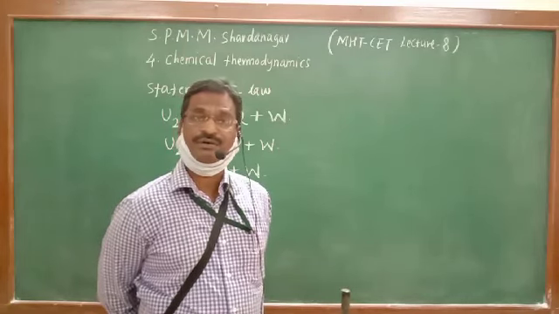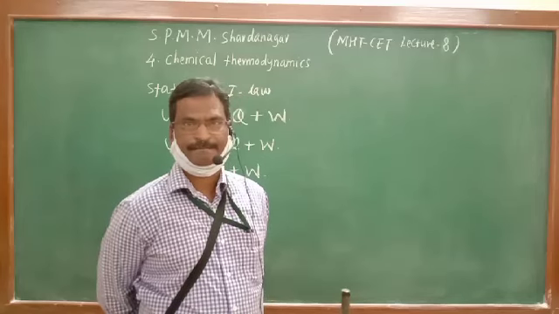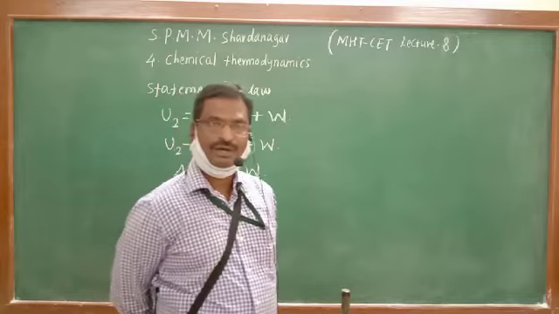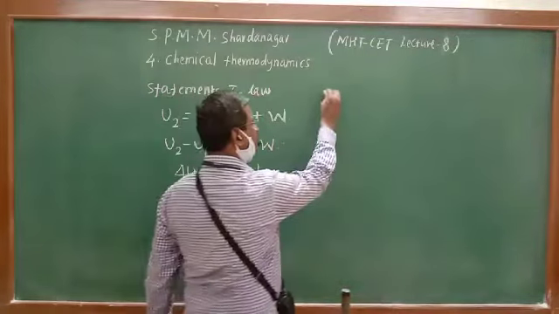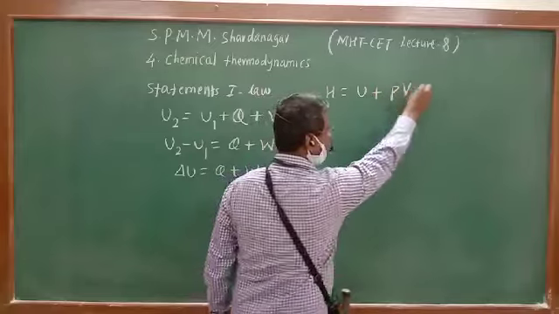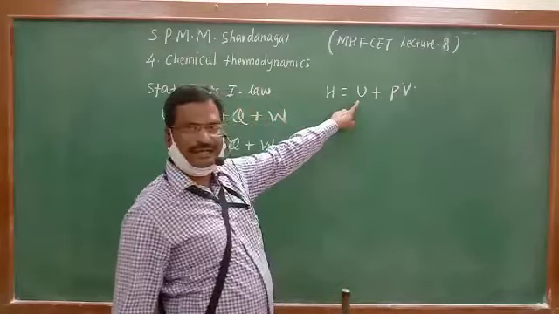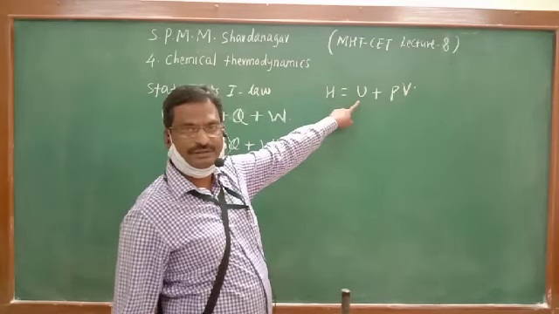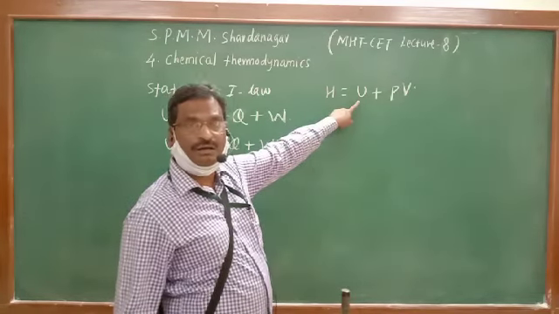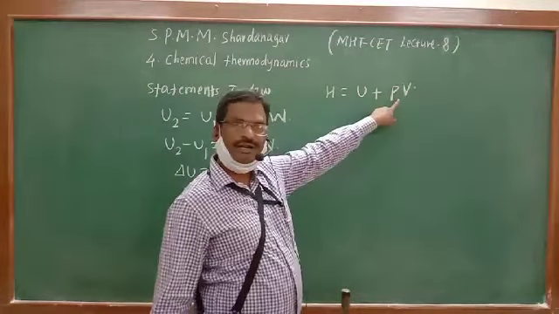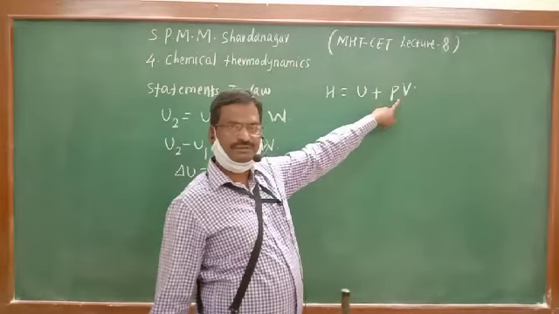Reactions are carried out at constant pressure and with a change in volume. So enthalpy is given by the equation H is equal to U plus PV. Here U is known as internal energy, the unavailable energy to do work, and PV is the available energy to do work.